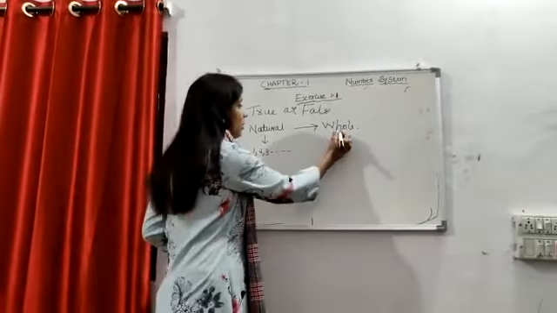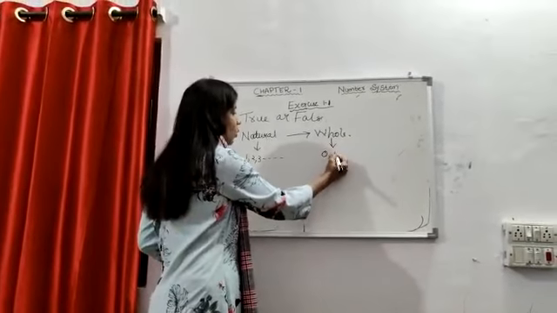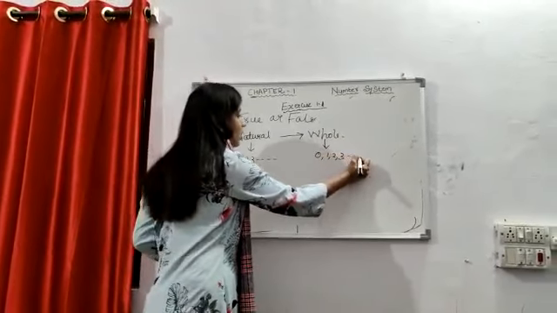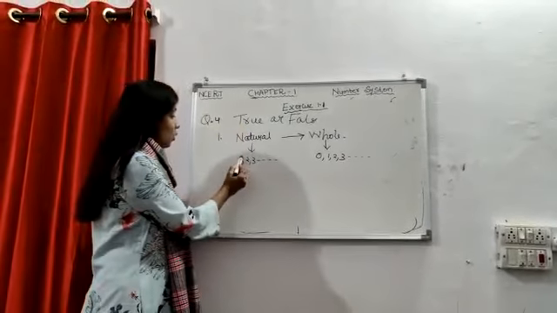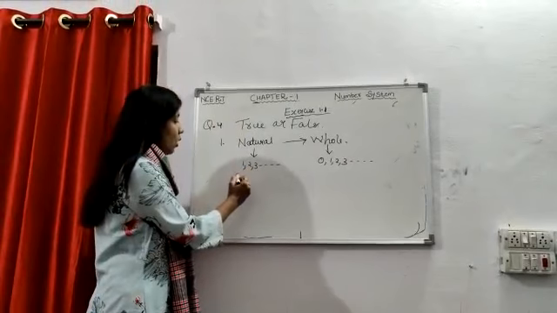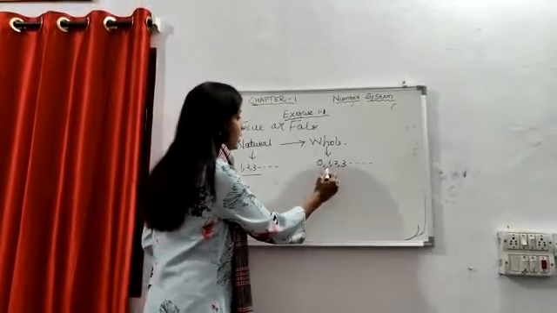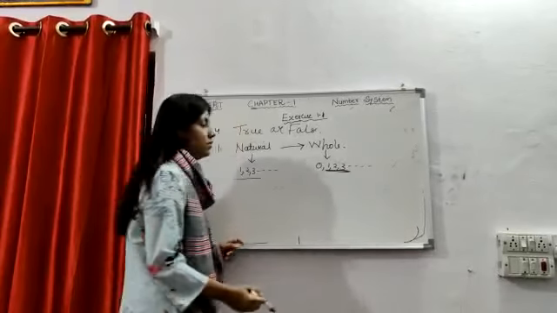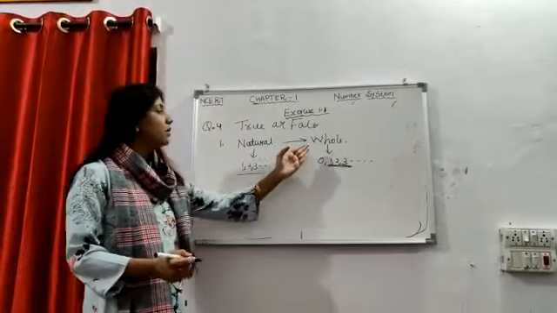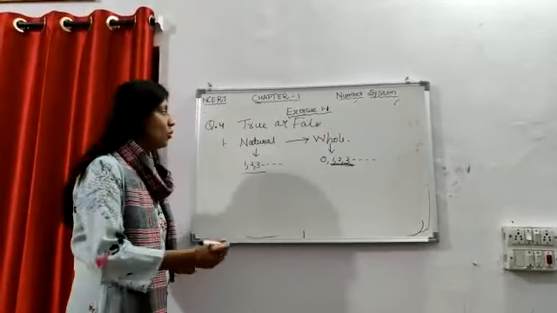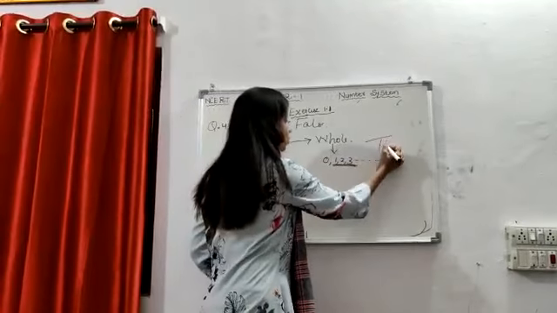Similarly, the whole number family starts from 0, 1, 2, 3 and goes forever. You can see that 1, 2, 3 are all also in the family of whole numbers. So I can say that all natural numbers are whole numbers. So my first statement is true.